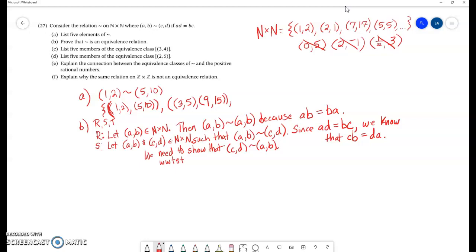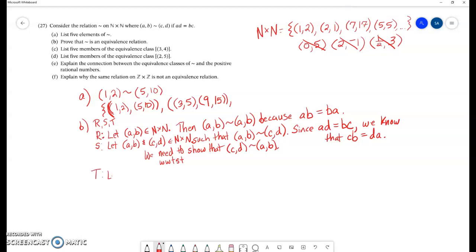If this is true, then this has to be true. So here we've just shown symmetry, because since this is true, we know that this is true, and that tells us that C times B equals D times A, which means that this element is in relation with this element here. So here we have symmetric. If (a, b) is related to (c, d), then we can flip it and say (c, d) is related to (a, b).